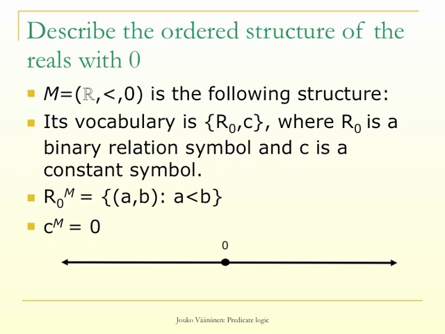So then we explain that it is this line where there is one point, 0, and whatever is left of it we call negative, right of it we call positive. And if we have 2 points there, A and B, and A is to the left of B, then we say A is less than B. So we leave everything else out. We don't talk about plus and times and such things.